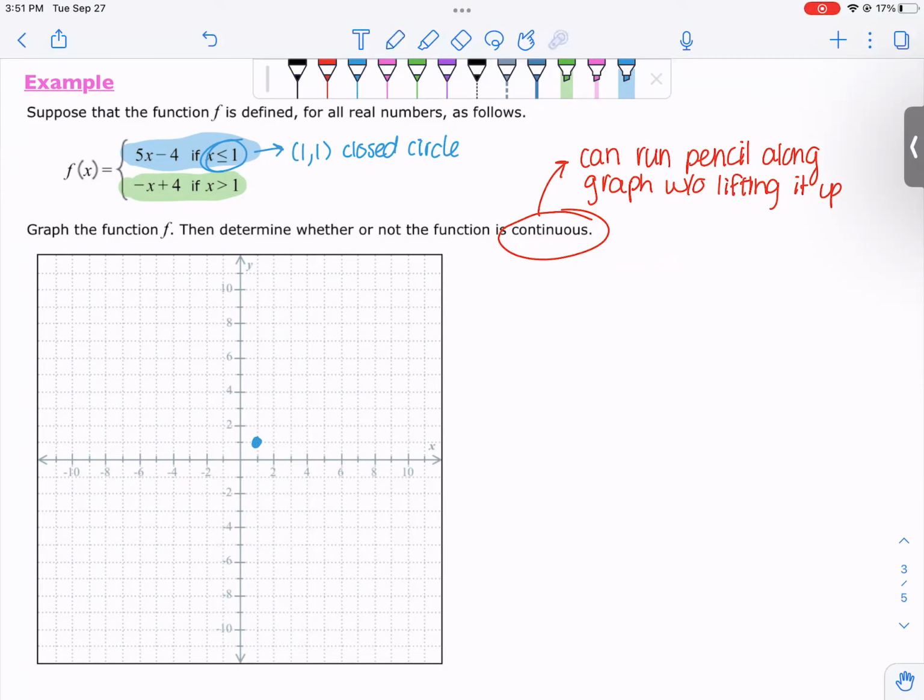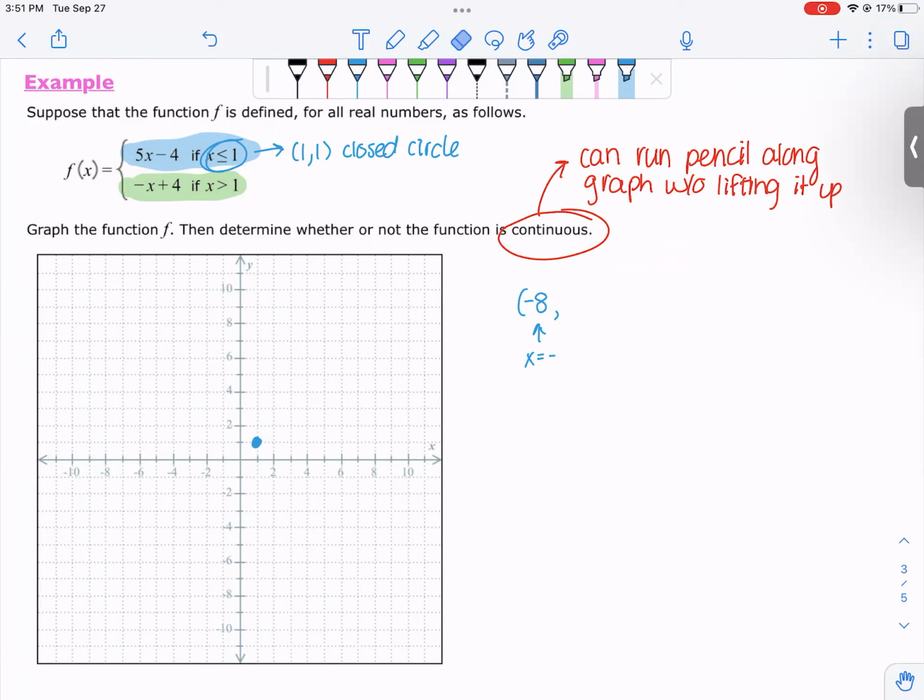And then I would choose a number less than 1 to plug into this function to plot another point. So I would choose a number like negative 8. Negative 8 is less than 1. So if I plug negative 8 into this top part of this function, 5 times negative 8 is negative 40. Oh, that's going to be too far. Not doing negative 8.